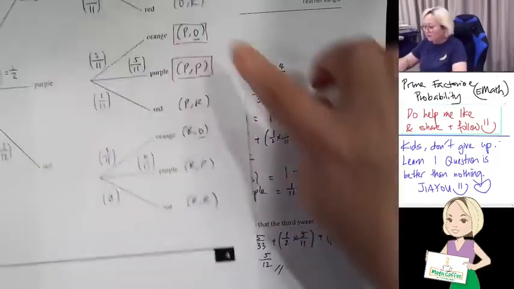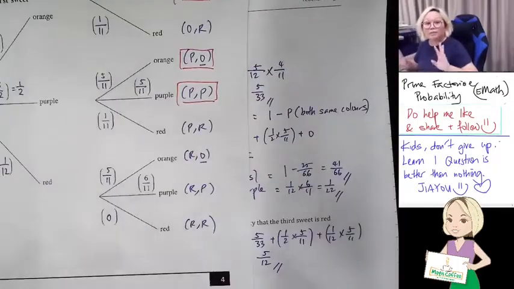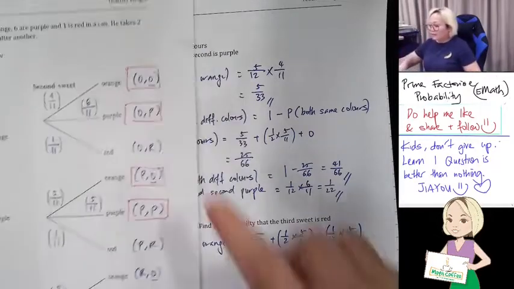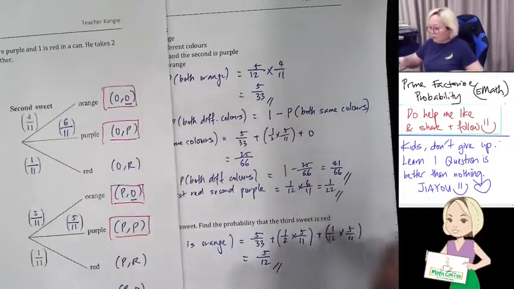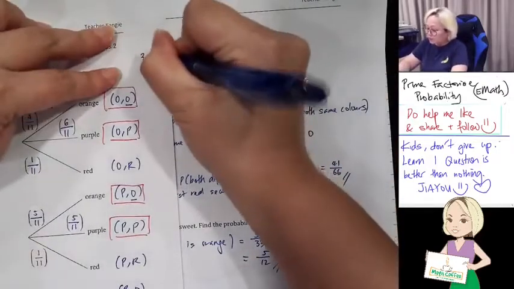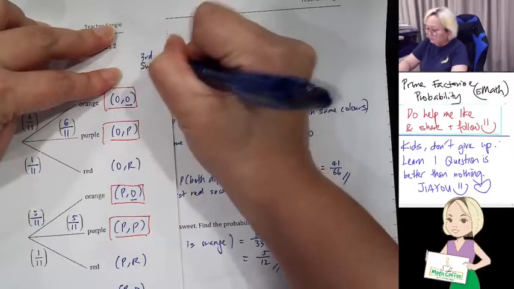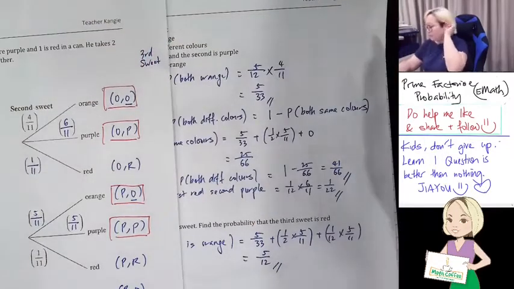The rest will not have the possibility of the third sweet being red. So that means I only need to do branching for these 4. Understand? So I'm going to just put here the third sweet is red. So how are you going to do it?